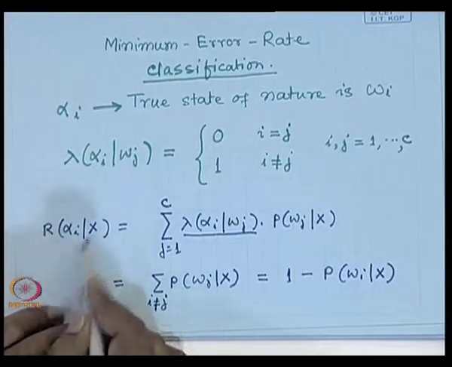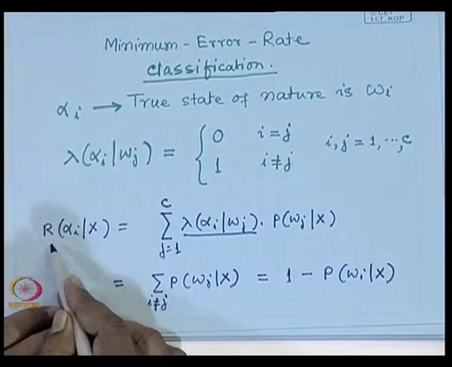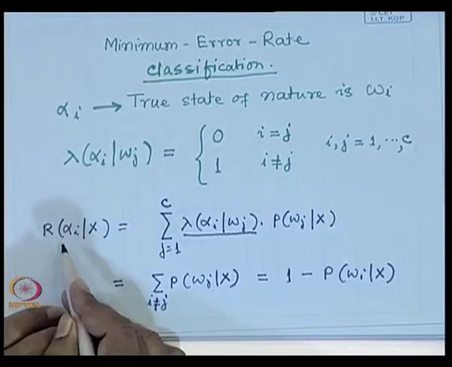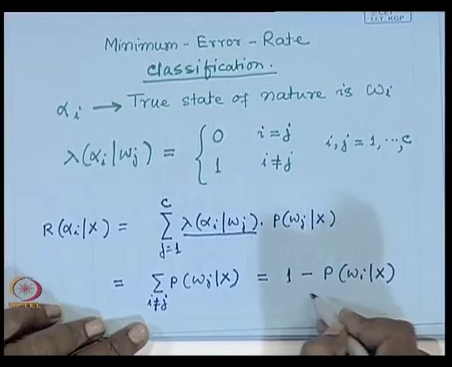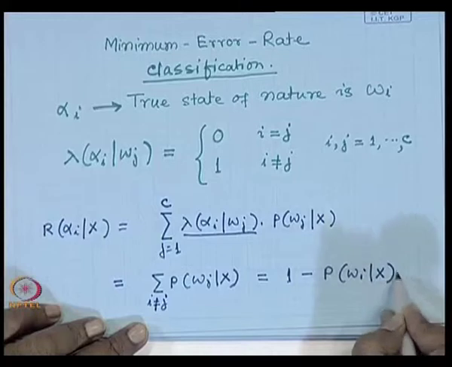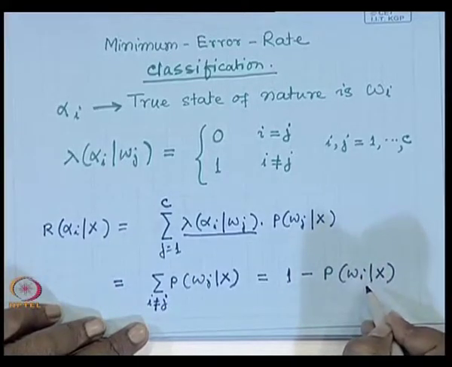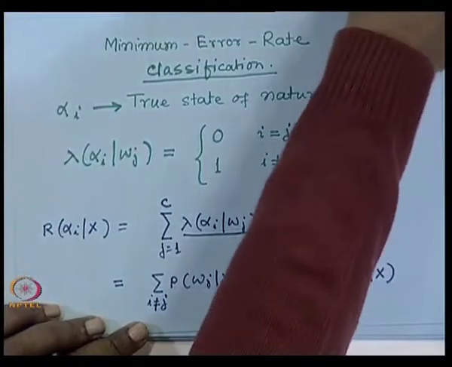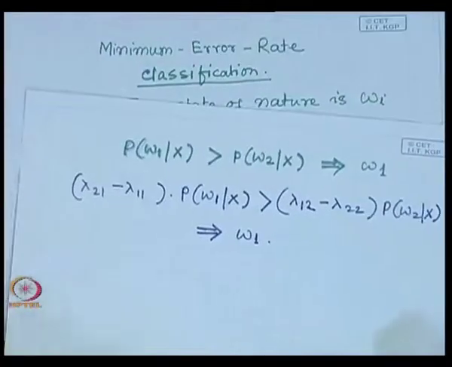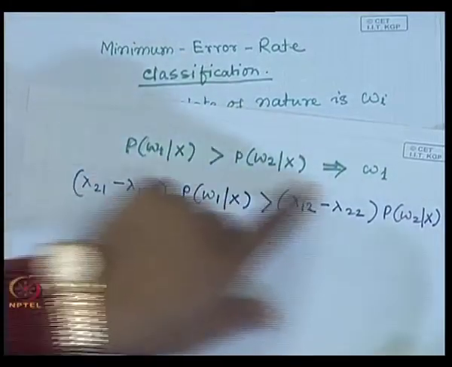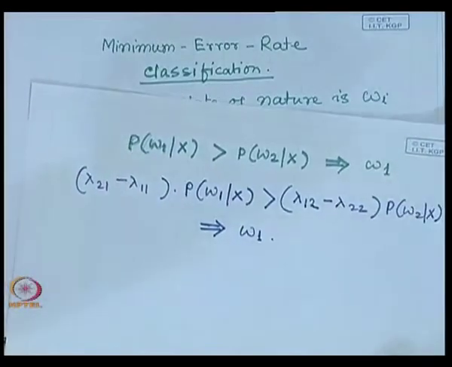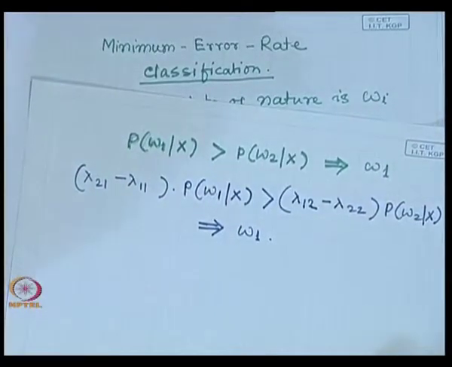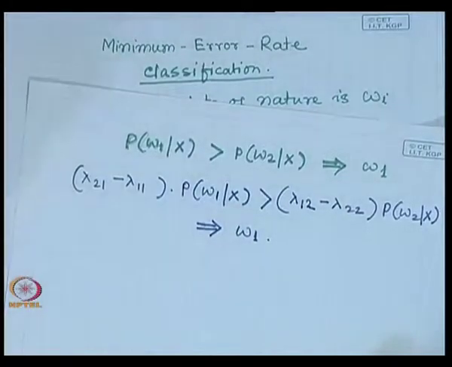So, if I want to minimize this risk function, that means this term has to be minimized, and if I want to minimize this, then this p of omega I given x has to be maximized. Okay. So, you find that I come back to the same decision in the generalized case, that p of omega I given x, for whichever I this is maximum, I have to take that decision, and that ensures minimum risk, that ensures minimum error rate.